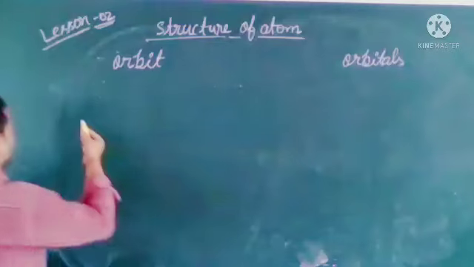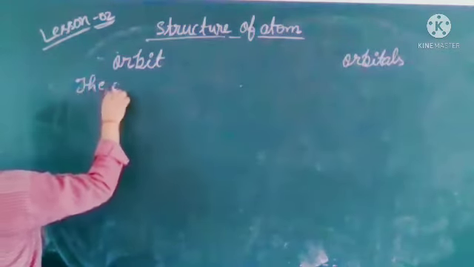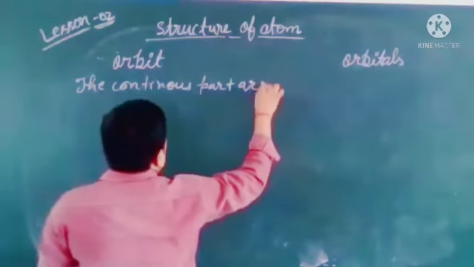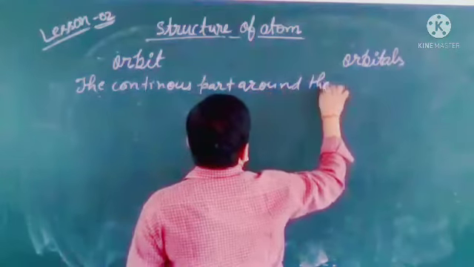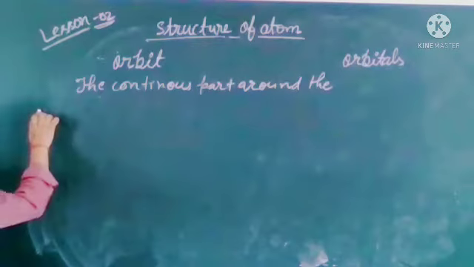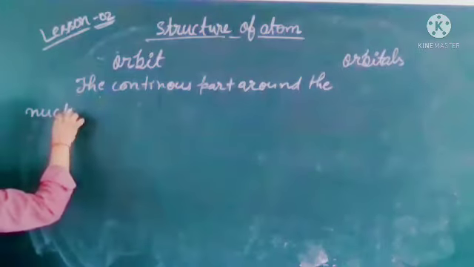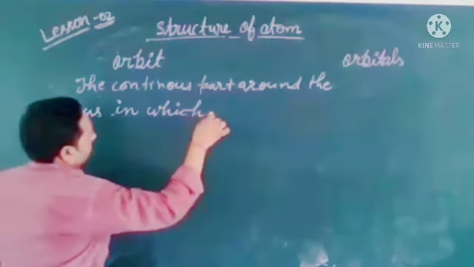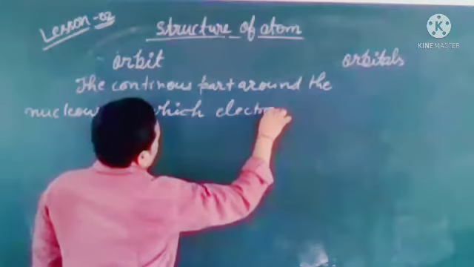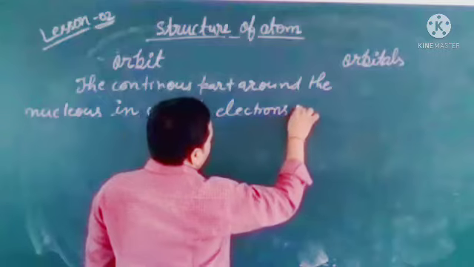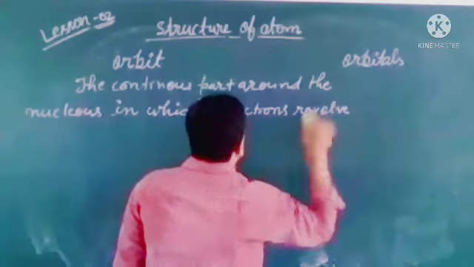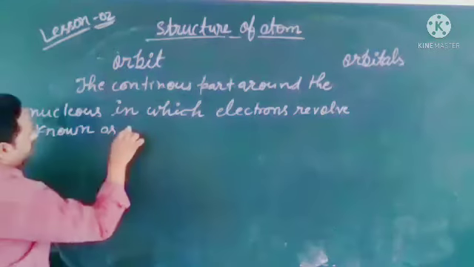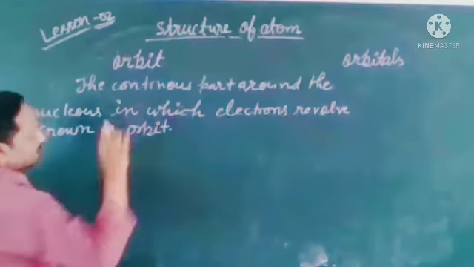So we can write here: the continuous path around the nucleus in which electrons revolve, known as orbit.